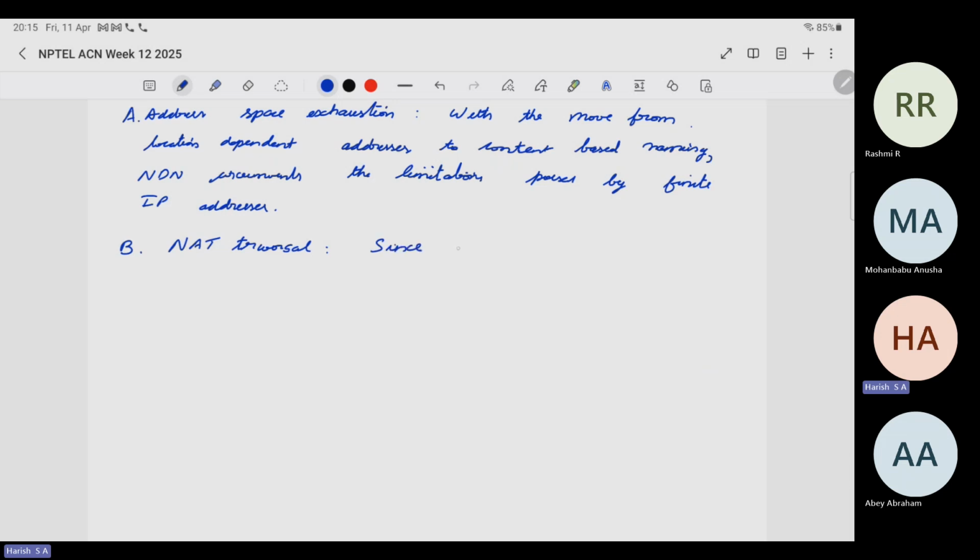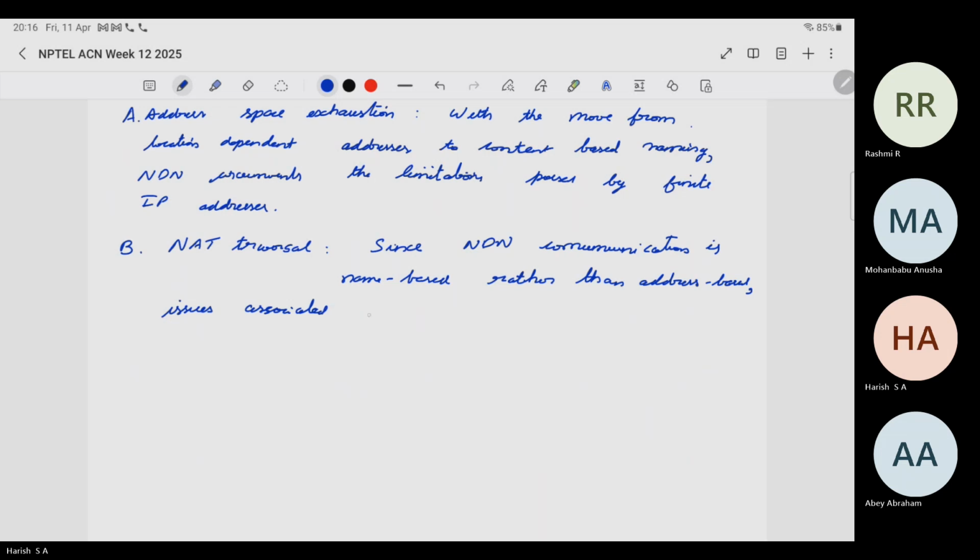Because NDN communication is name based, rather than address based, issues associated with network address translation, NAT, correct?